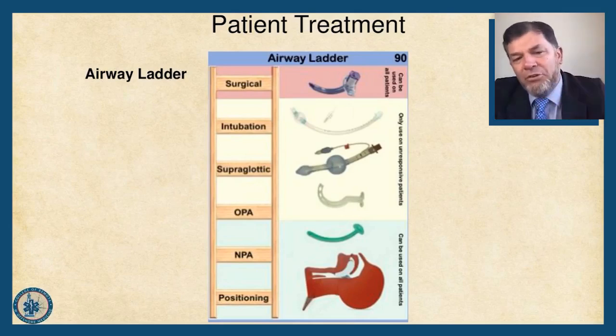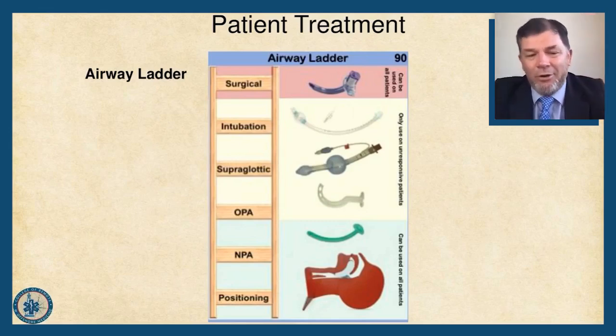So if you do your positioning and it doesn't work, your nasopharyngeal airway doesn't work, we're going to skip the OPA because I know our anesthetic docs in the college, who are probably listening to this right now, are like, we use them all the time. Well, I have to carry my own equipment, so I'm not going to carry an OPA. I'll carry an iGel.